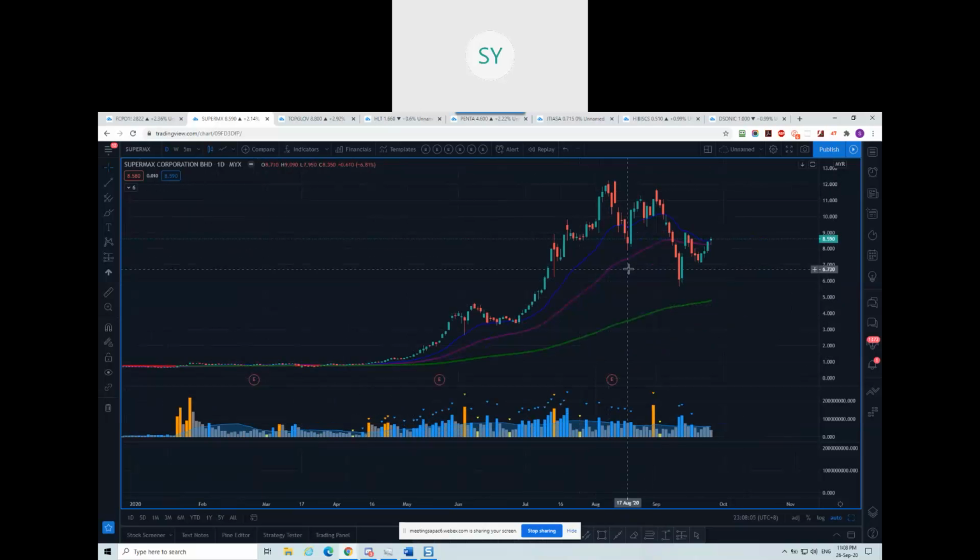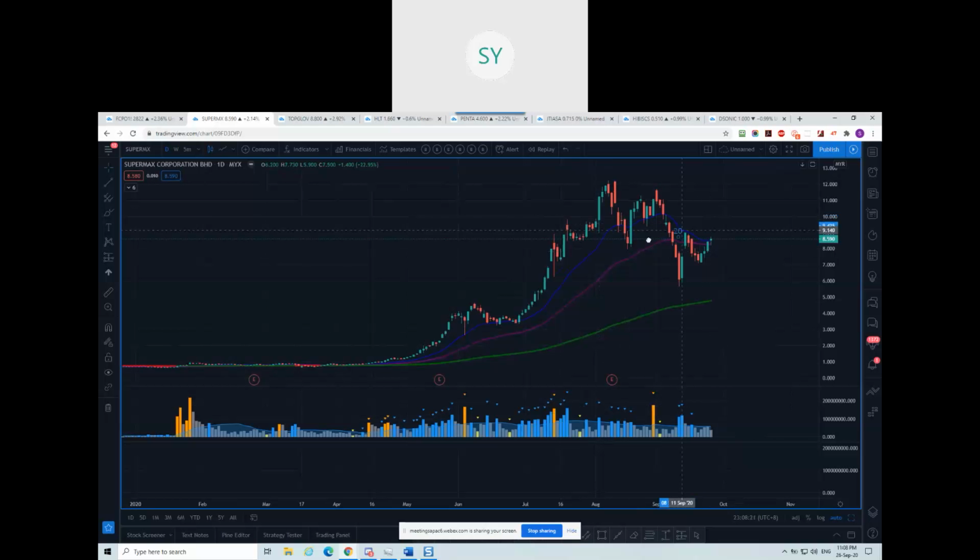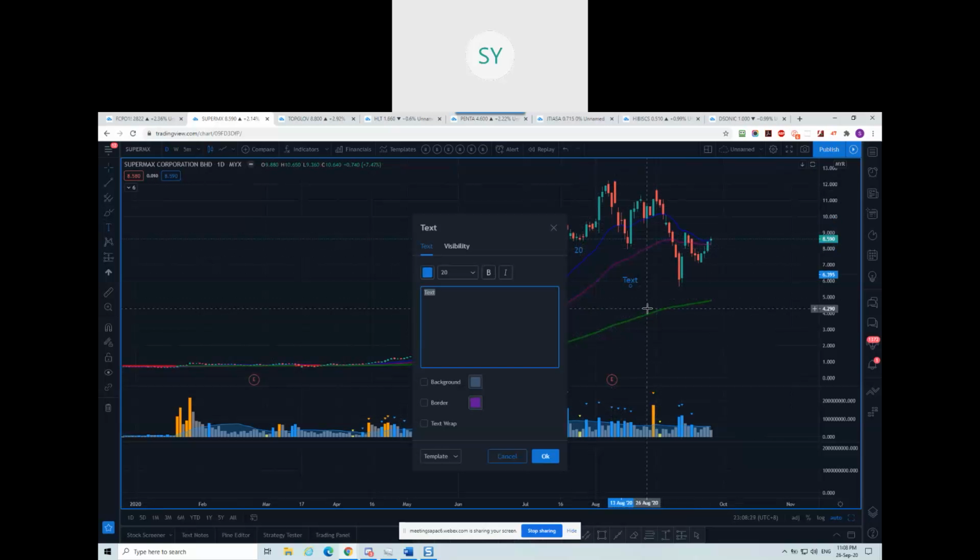So on this daily chart, I have 3 lines here. The blue line is the 20 moving average, EMA, and I think what color is this? Purple or blue?